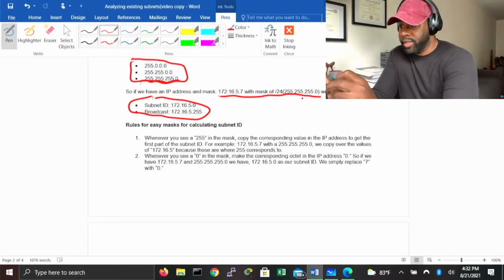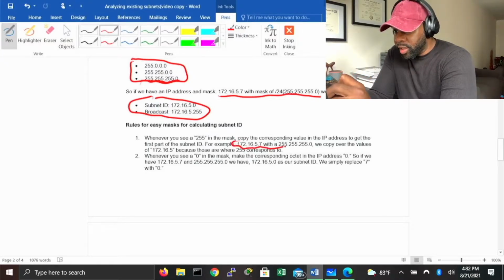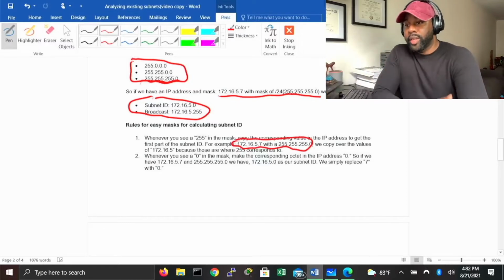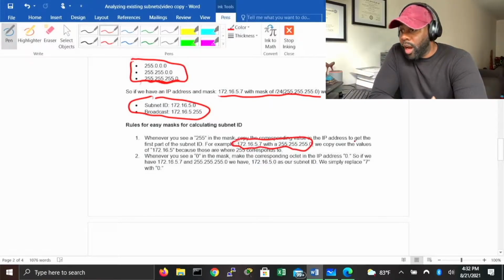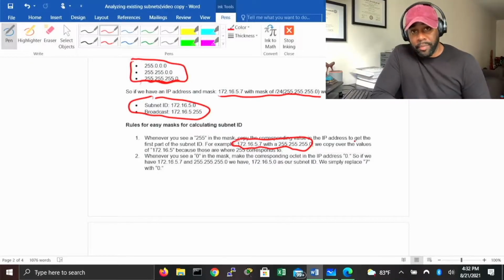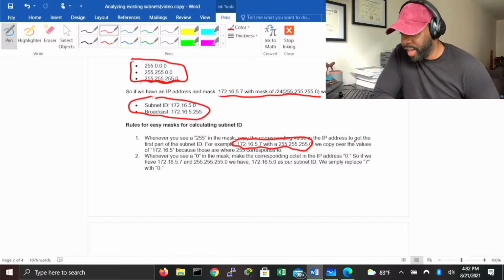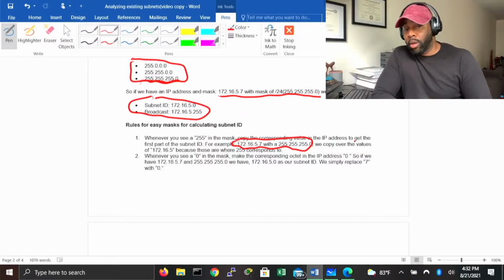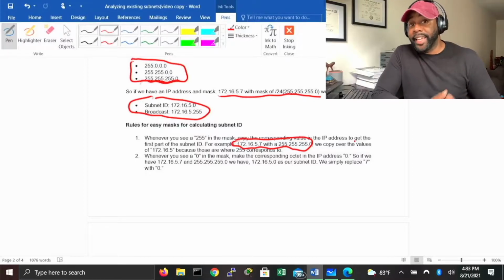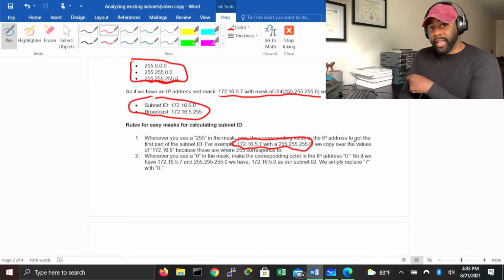As you can see, we have this IP address with this mask, so we copy over the values 172.16.5, because those are where 255 corresponds in the subnet mask, or the easy mask that we're provided. We simply copy it all over, and that's the first step. This is going to be super important when we move forward with the difficult mask, which is another Wendell Odom terminology that's used in this textbook.